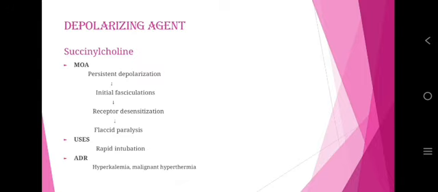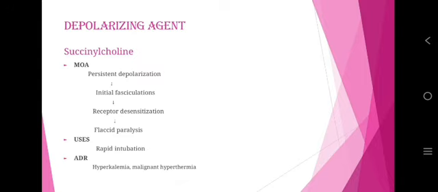And then move on to the another classification, depolarizing agent. The common example of depolarizing agent is succinylcholine. The mechanism of action of succinylcholine is that succinylcholine produces a persistent depolarization, and this persistent depolarization leads to initial fasciculations, and this leads to receptor desensitization, and this receptor desensitization leads to flaccid paralysis.